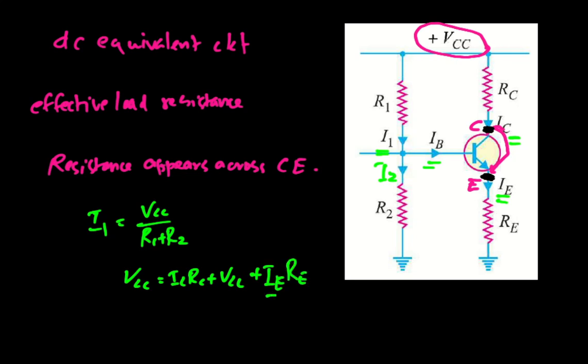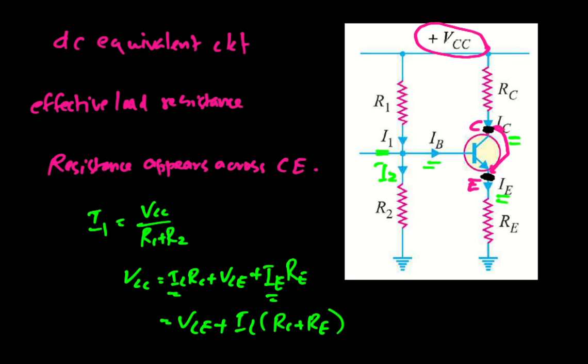And this IE is approximately equal to IC, so this equation can be written as VCC equals VCE plus IC into RC plus RE. These equations are useful while drawing the DC load line.